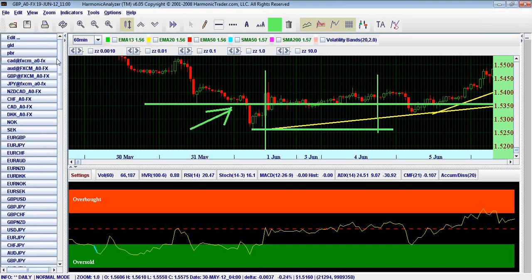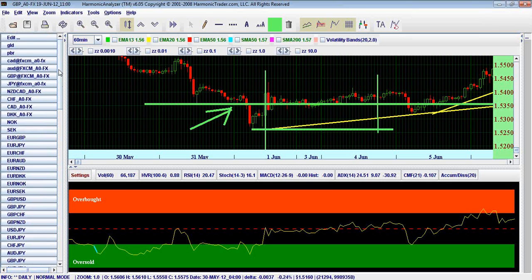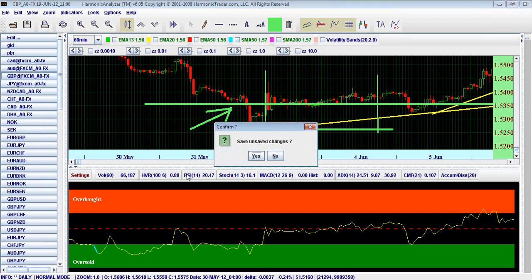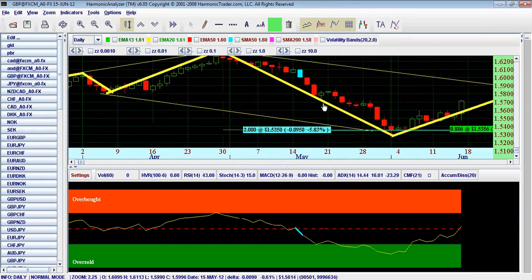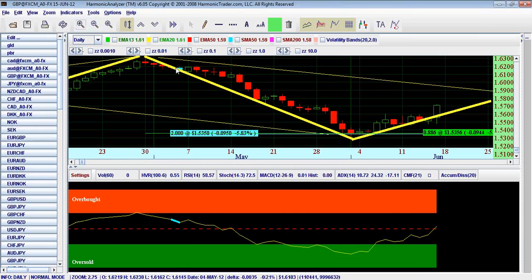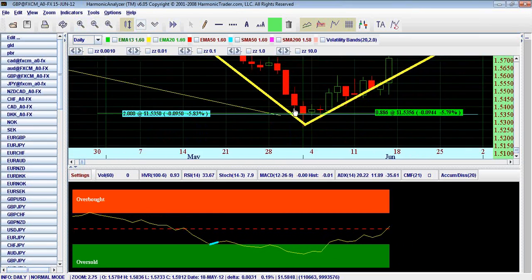Lost that daily chart. All right. So here's back on the daily. So we have this as well, respecting what the daily readings are telling us.